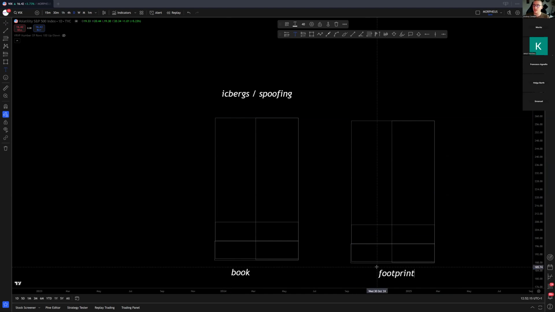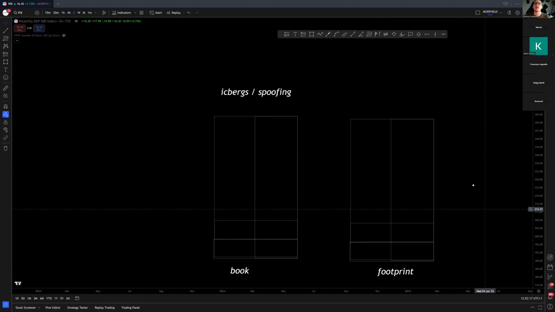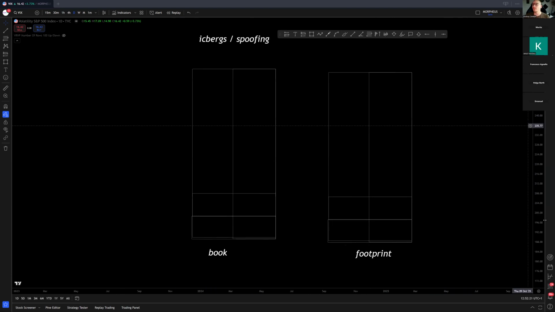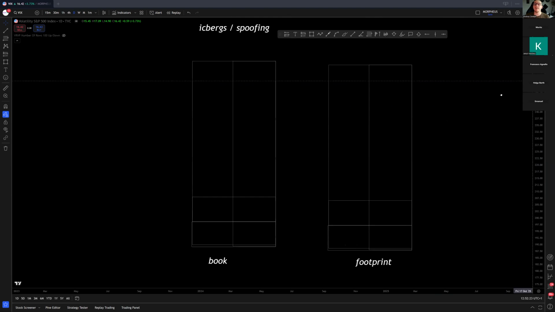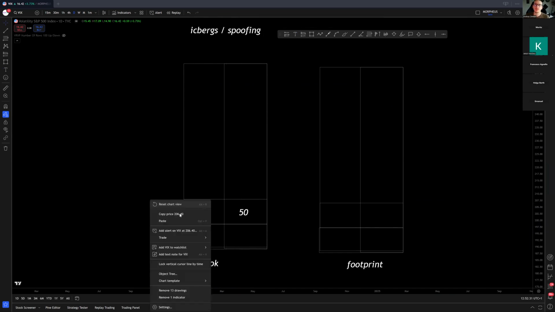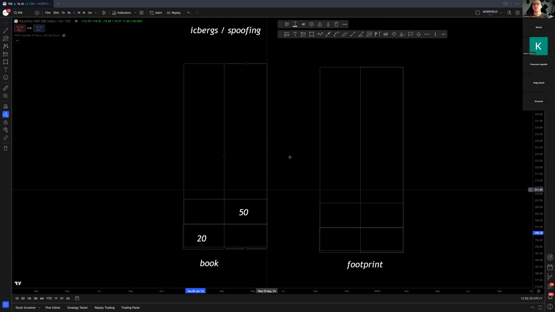Then we're going to see a practical example of this happening. So let's say there's, I don't know, 50 contracts and 20 contracts like this.